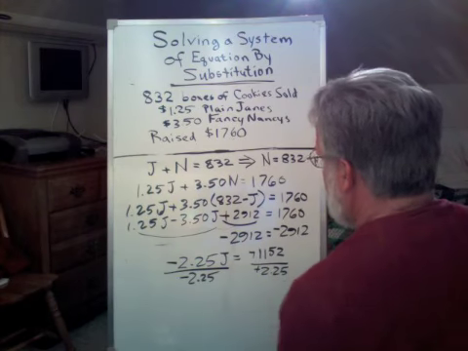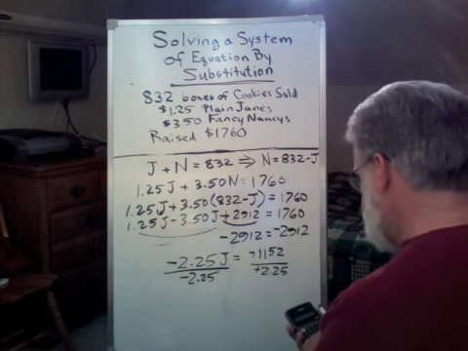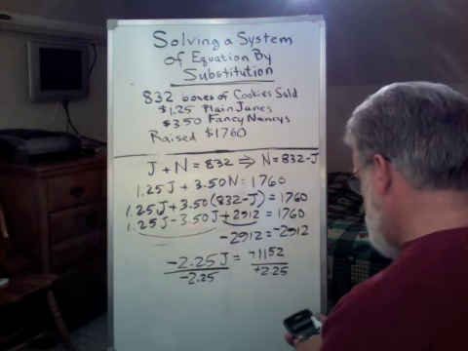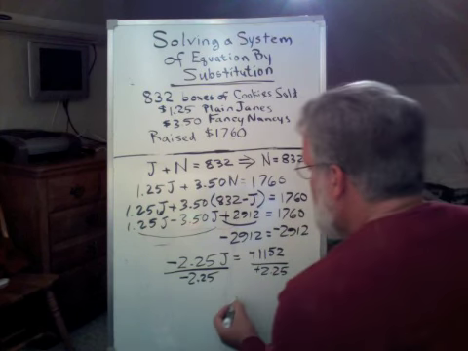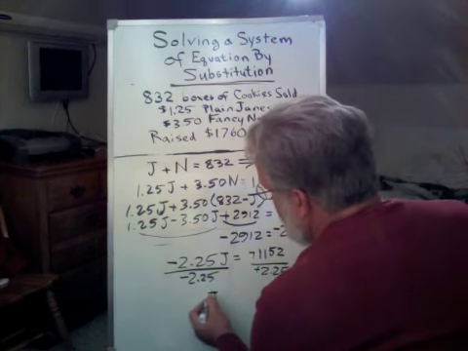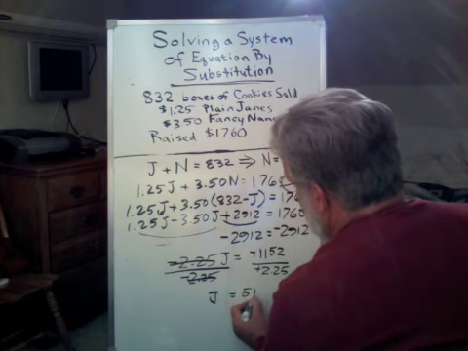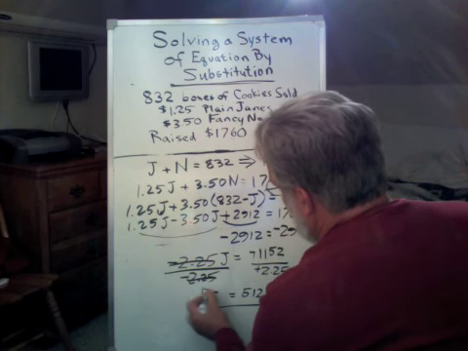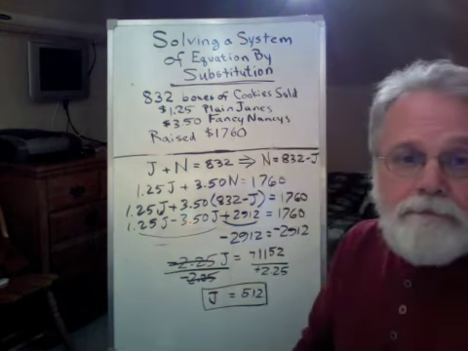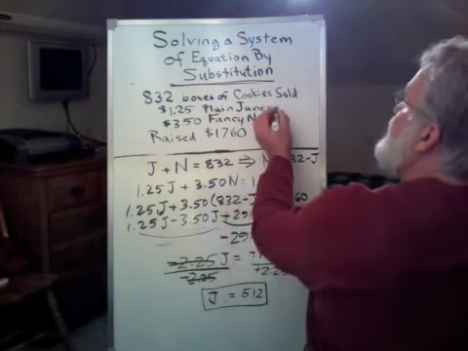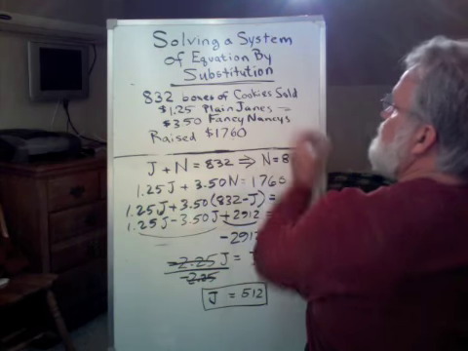And negative over negative becomes a positive. And that equals, J now equals 512 boxes of the Plain Janes. So you have 512 boxes of the Plain Janes.